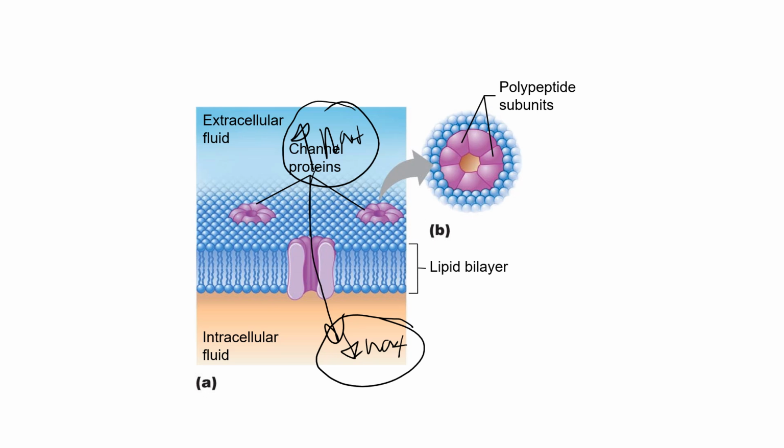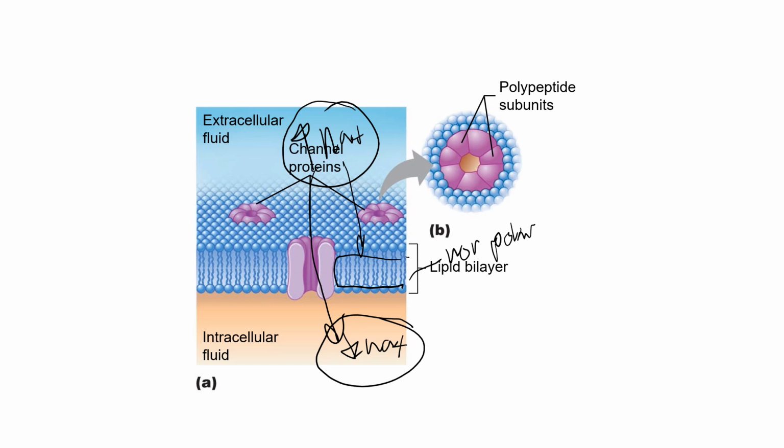It wants to move from the outside in, but actually sodium can't because the core of the plasma membrane is nonpolar. It's made up of hydrocarbons, and sodium is a positively charged ion, so if sodium tries to get past the core, it can't because the core will reject it because it's charged.